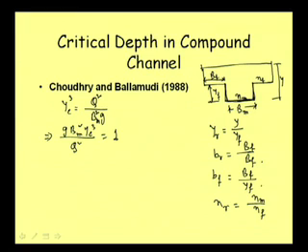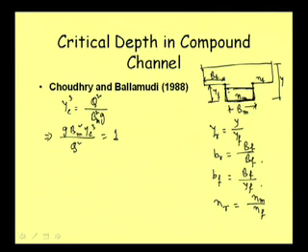Now, let us see, for a particular discharge, if our critical depth lies below this flat plane depth, then we can use this expression directly, because up to this point we have nothing like a compound channel. Here it is just a simple rectangular channel.